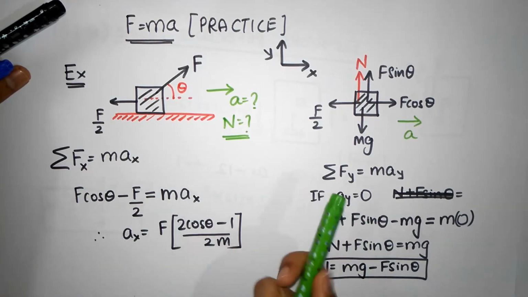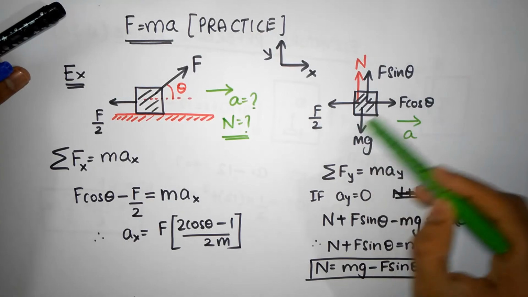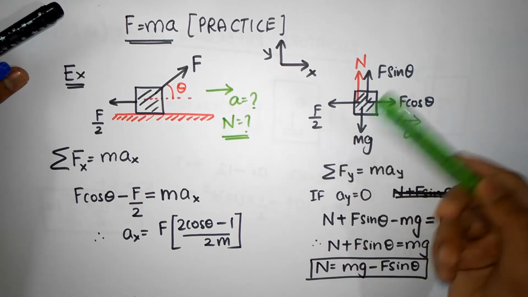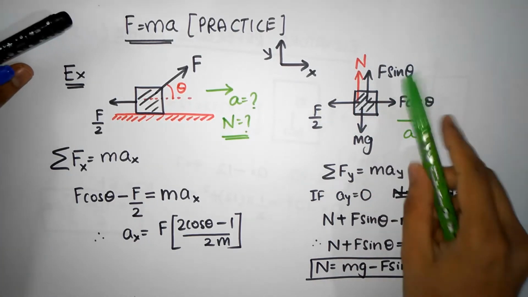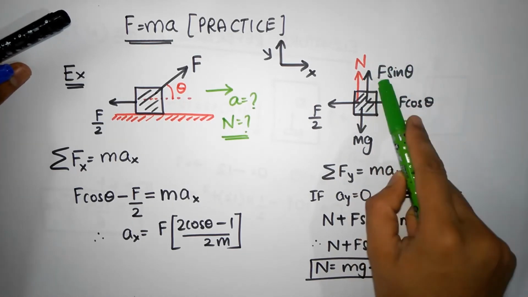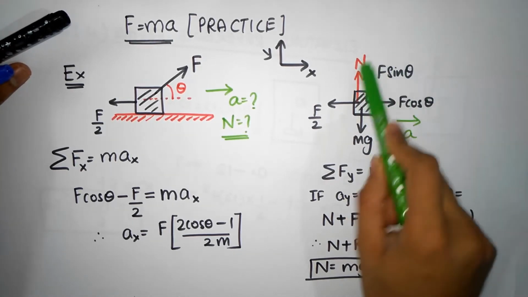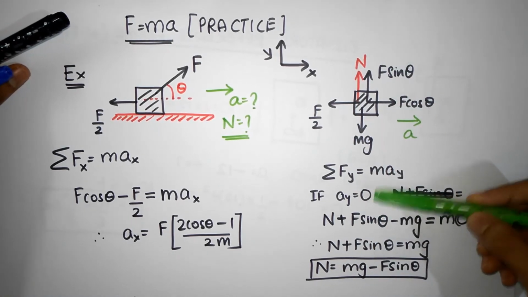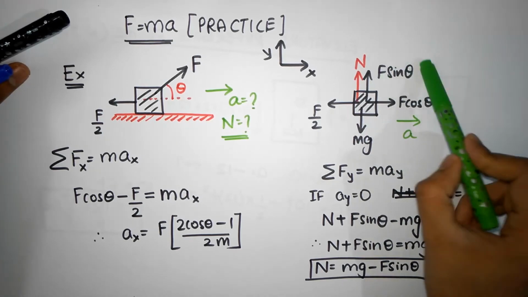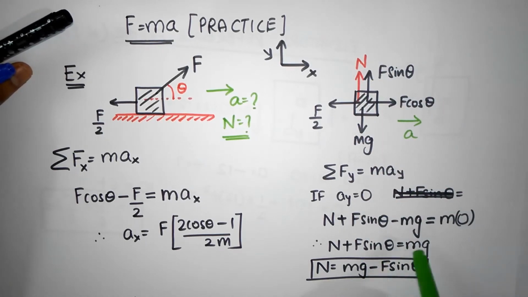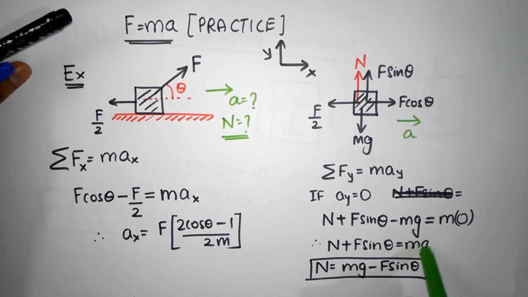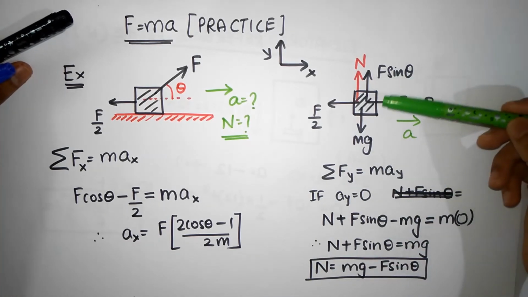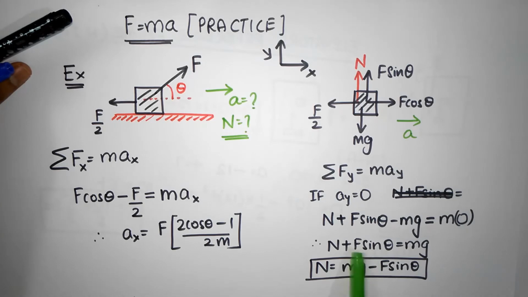Now, how do we know whether, in general, this block is going to get accelerated upwards or not? Think about it this way. As the F sine theta force increases, the upward component starts increasing. To keep the acceleration 0, net force must be 0, right? So as F sine theta increases, to make sure this equation is maintained, your normal force starts decreasing.